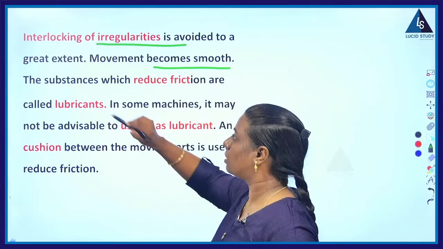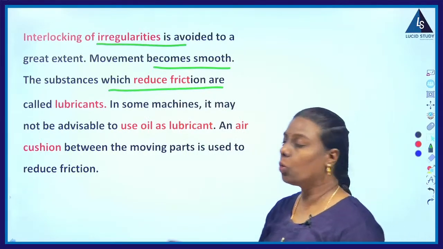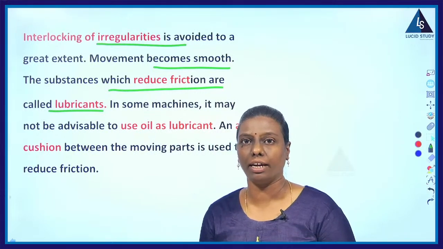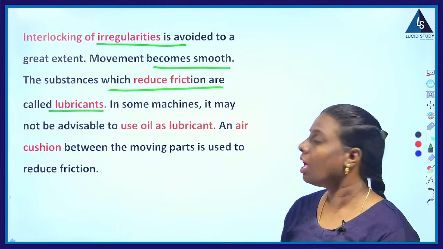Movement becomes smooth. The substances which reduce friction are called lubricants. So oil, grease or graphite, which reduce the friction, are called lubricants.